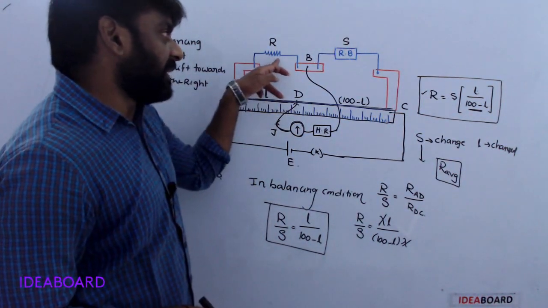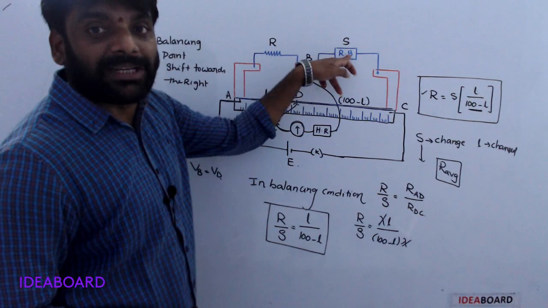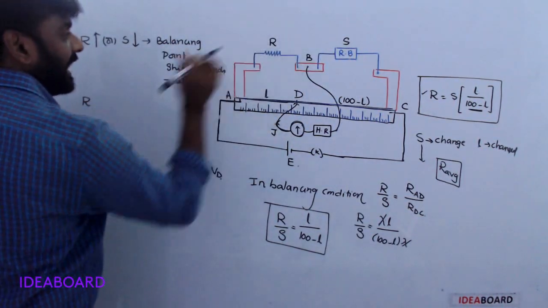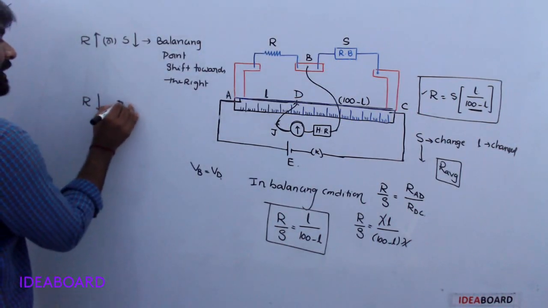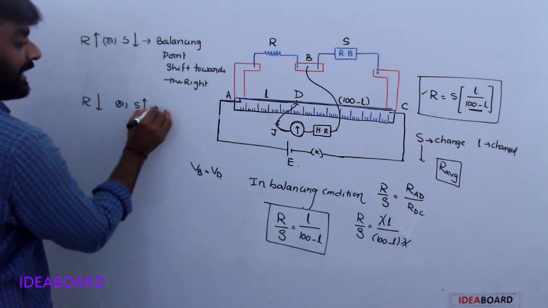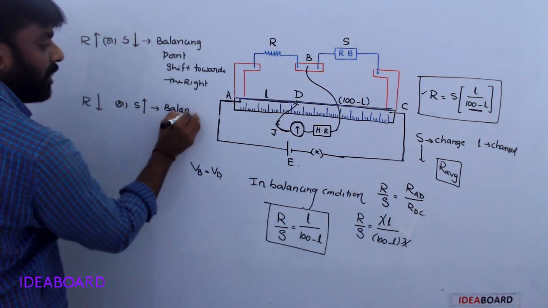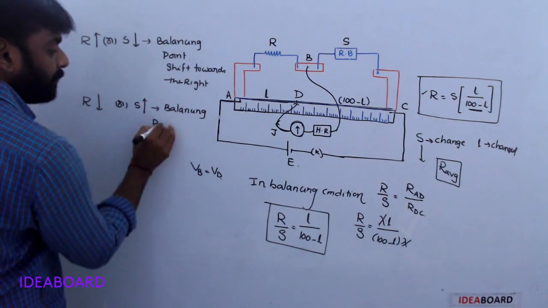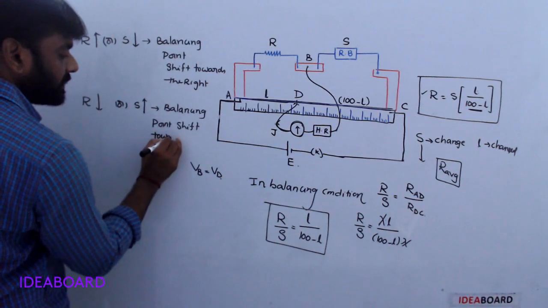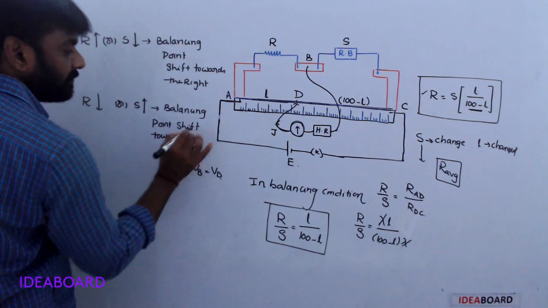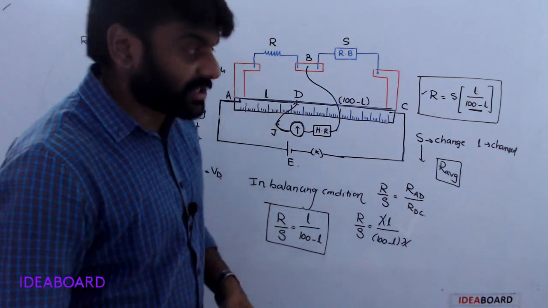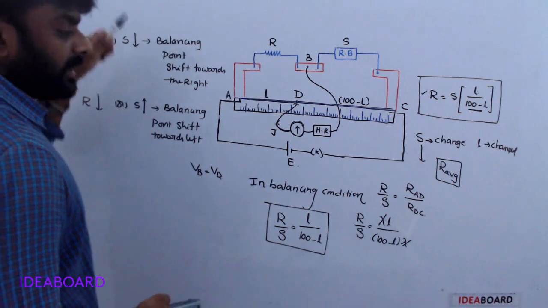If resistance in the left gap increases or resistance in the right gap decreases, that is the case. In reverse order, if resistance in the left gap decreases or resistance in the right gap increases, that means the balancing point shifts towards the left. Understood? These 2 points are important.